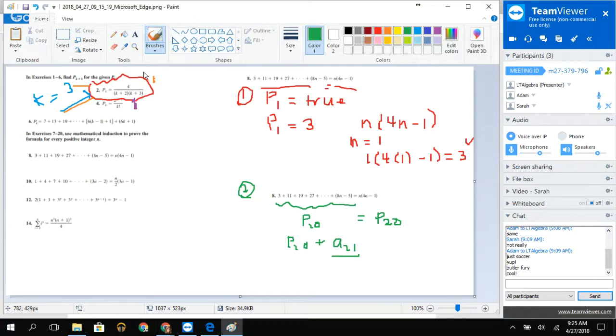I add up my first 20 terms, just like I had above, and then I just add in what practically is the 21st term. So this right here is the sum of numbers, and this is one individual number. Then I need to be able to show that that equals over here P sub 21.